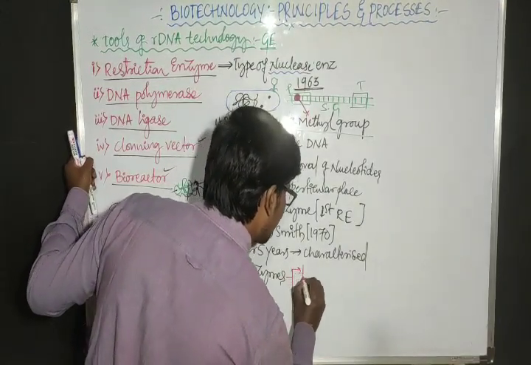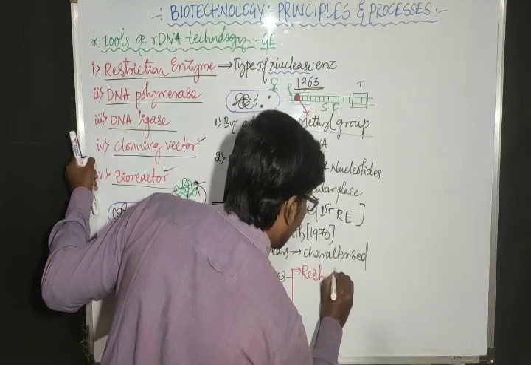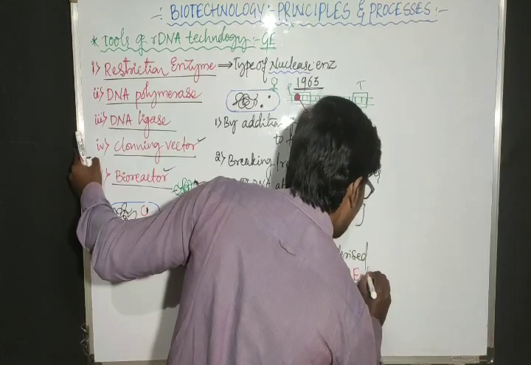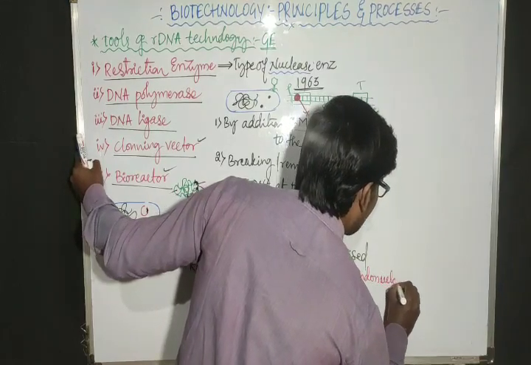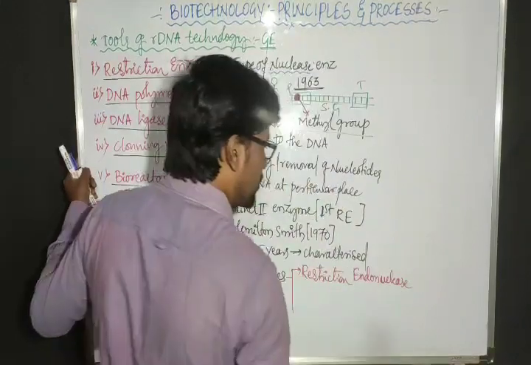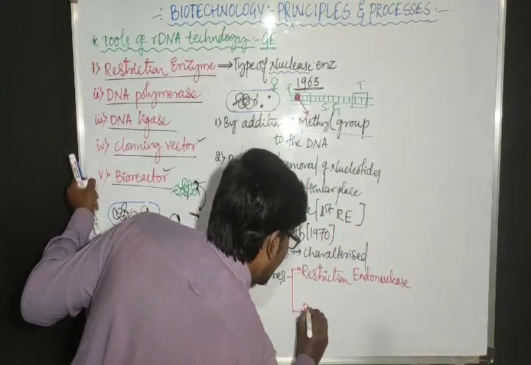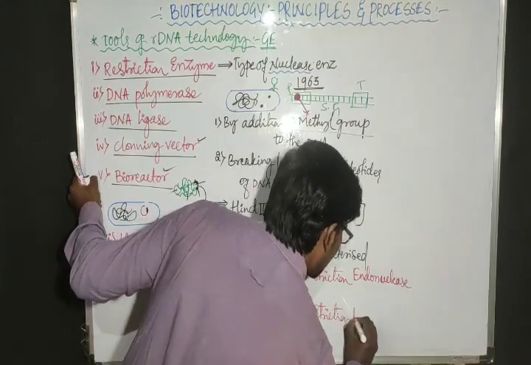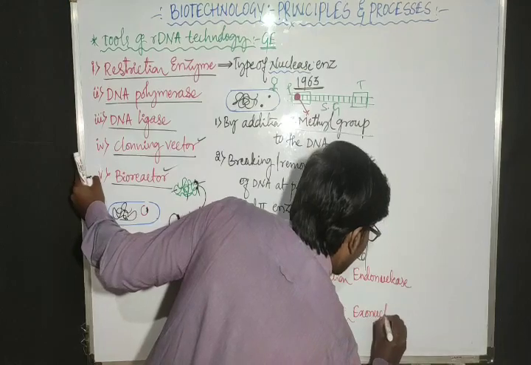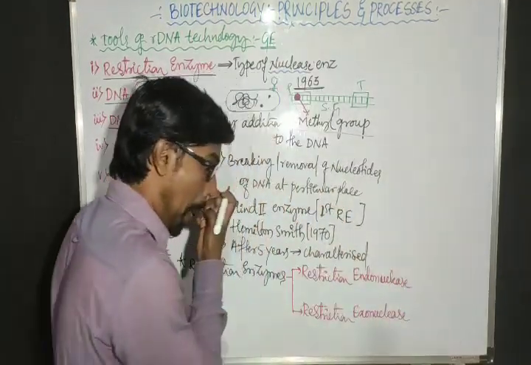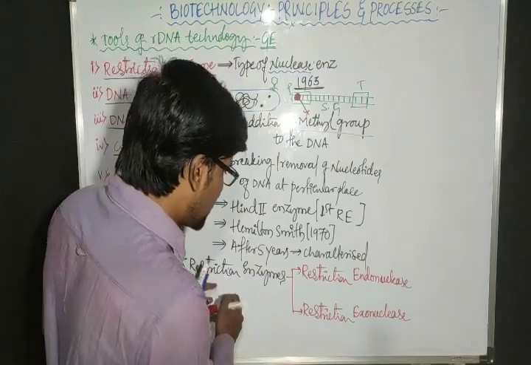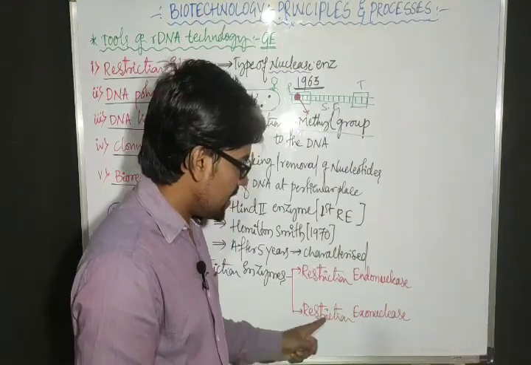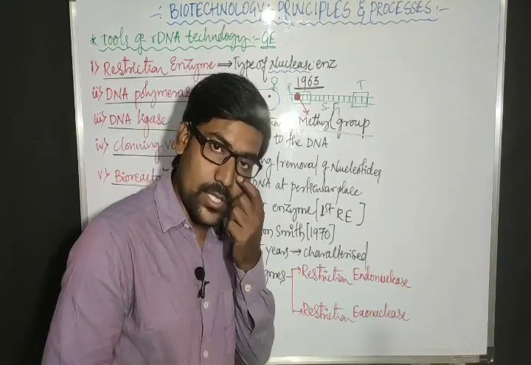The first one is restriction endonuclease, and the second type is restriction exonuclease. Yes, we are having 2 types of restriction enzymes. One is restriction endonuclease, and another type is restriction exonuclease.